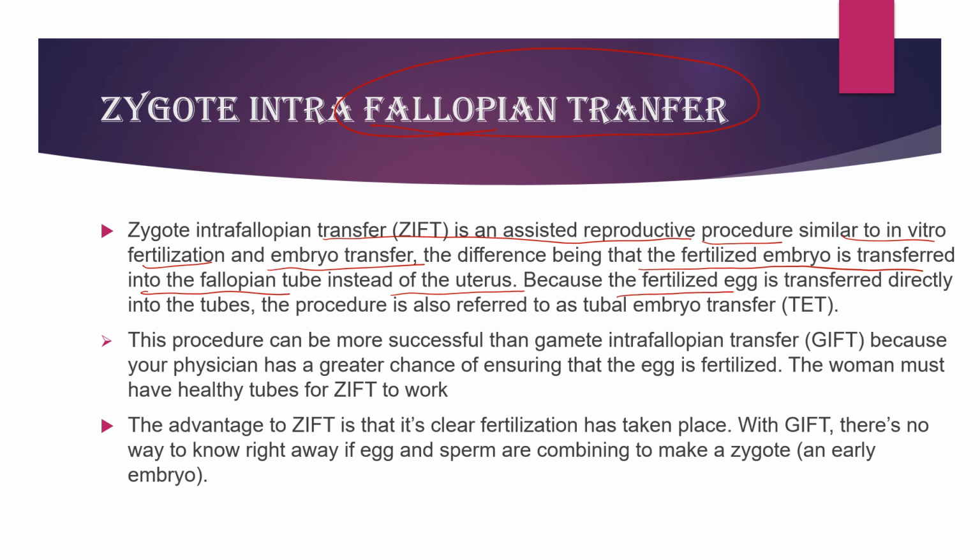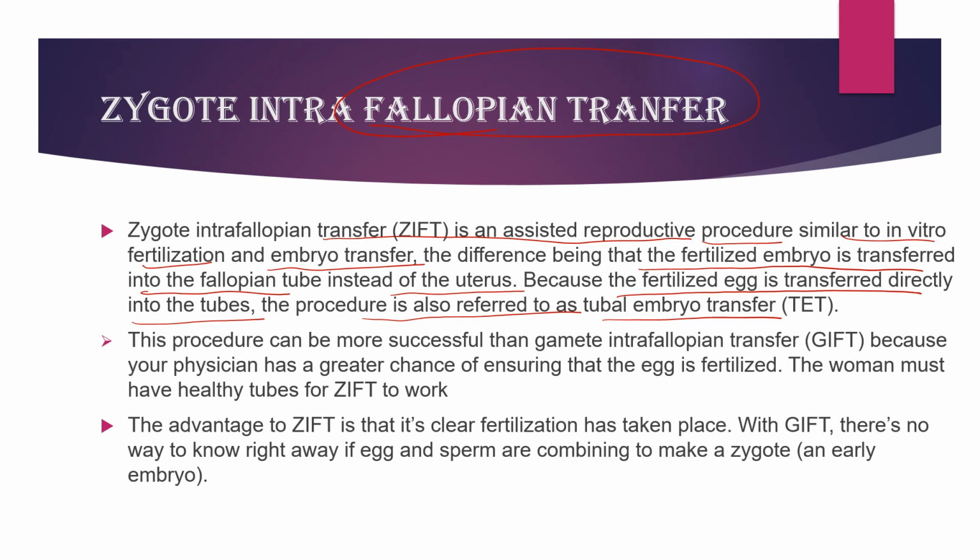Because the fertilized egg is transferred directly into the tubes, the procedure is also referred to as tubal embryo transfer. So instead of the uterus, as we saw in in vitro fertilization and embryo transfer, in this technique they are transferred to the fallopian tube.